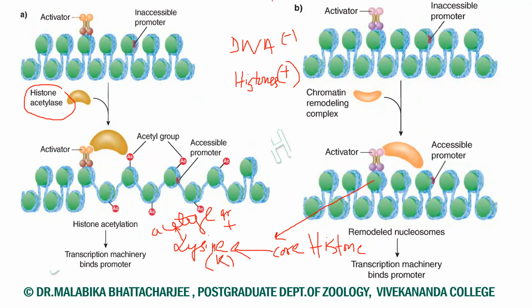The moment histone starts losing its positivity, this positive-negative interaction starts to falter. Histone is gradually becoming neutral. As a result of the addition of an acetyl group, the charge on histone is gradually becoming zero. So what will happen?